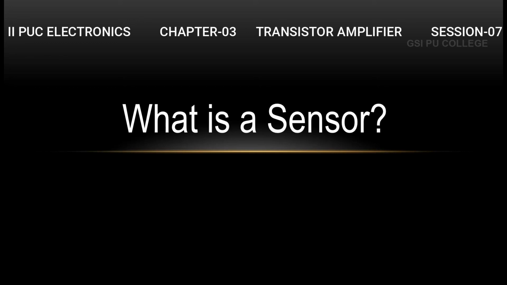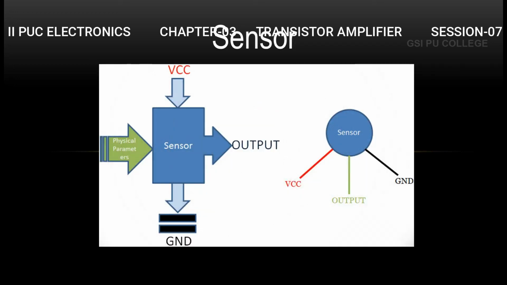It is always used along with other electronic circuits. The output is generally a signal that is converted to a human readable display at the sensor location or transmitted electronically over a network for reading or for further processing.